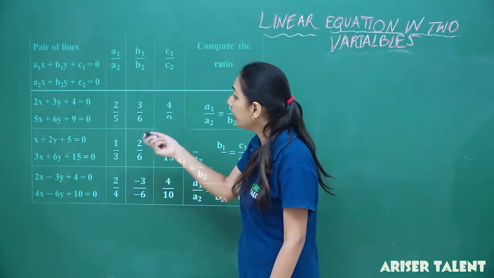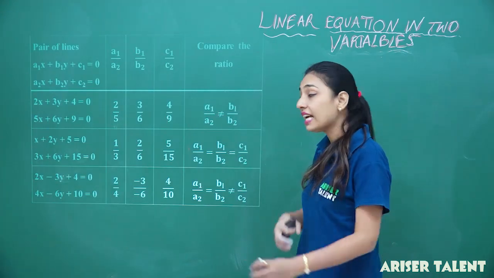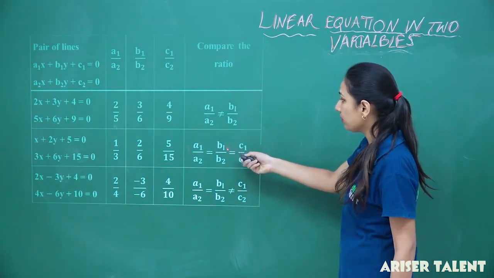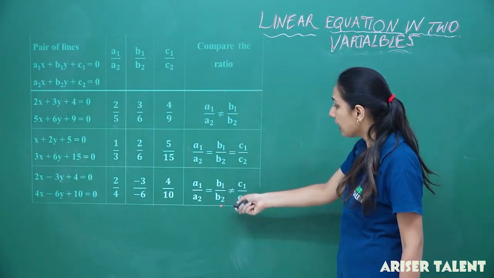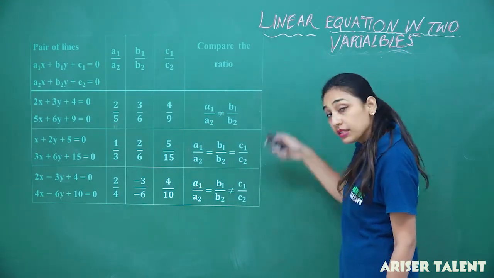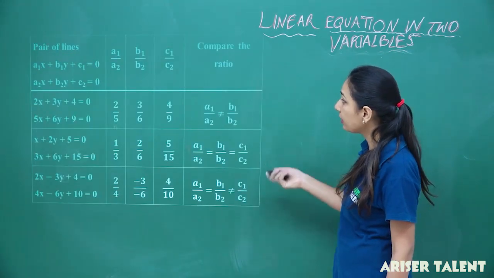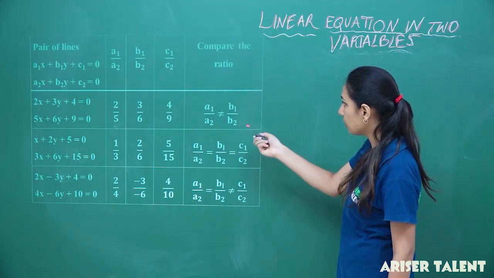Sometimes we will have a1 by a2 equals b1 by b2. In that case, we have two cases. a1 by a2 equals b1 by b2 and it also equals c1 by c2. In the second case, these two are equal but c1 by c2 is not equal. On the basis of this, we have also shown which is overlapping and which is intersecting.